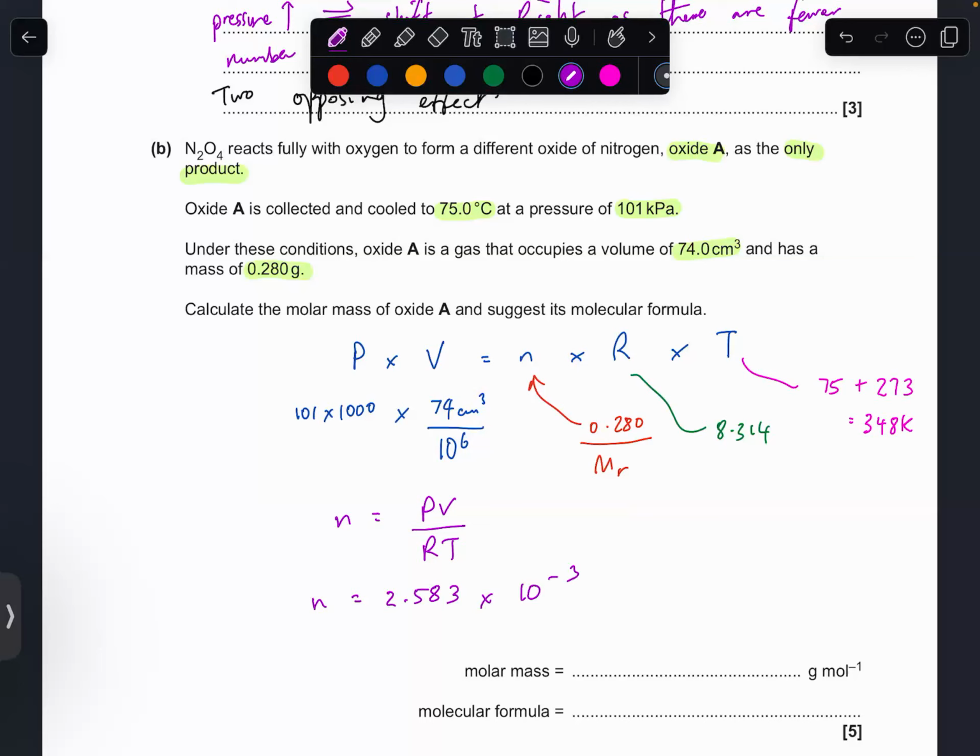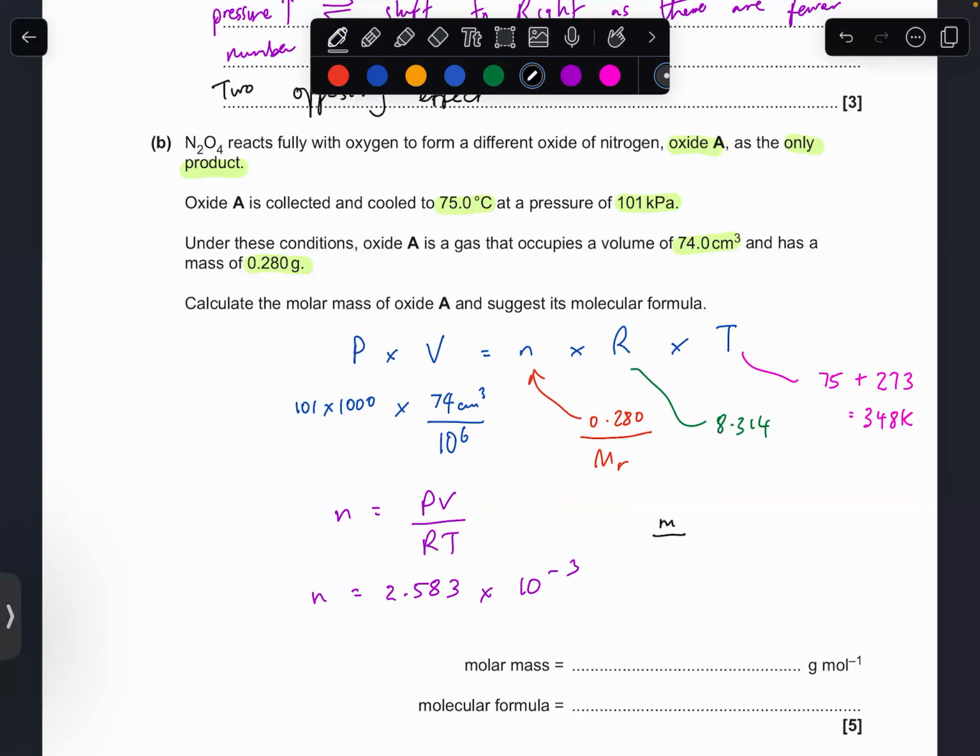And you see, we know that mass divided by the number of moles gives you the Mr. So 0.280 divided by what we just worked out. And the answer is 108.4.